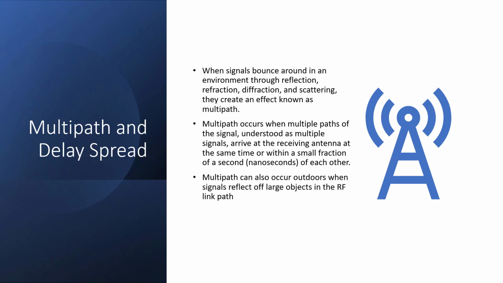Anything which arrives after 2 nanoseconds, I consider a different signal. So what if the same signal arrives after 2.2 nanoseconds? Then you consider it a different signal. It is the same frequency, same information, but it arrives 2.2 nanoseconds later, so it is considered something different. That is going to interfere with your existing signal, so it causes noise. You would not be able to get the bits back.